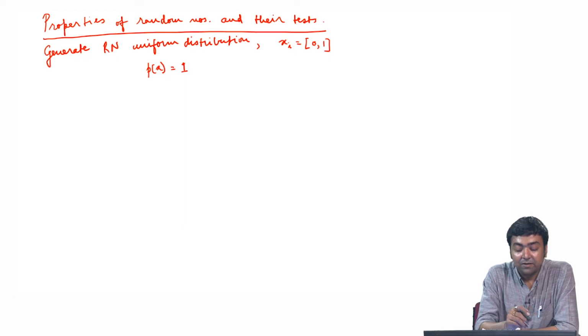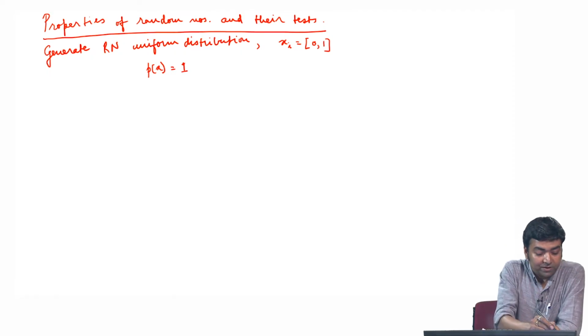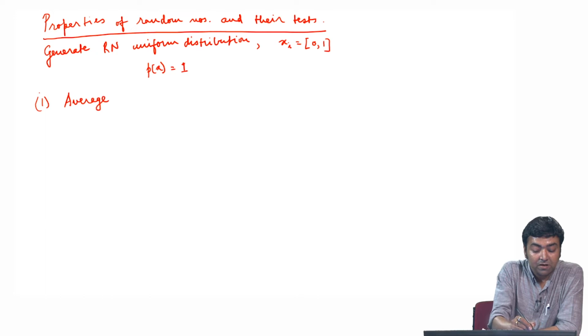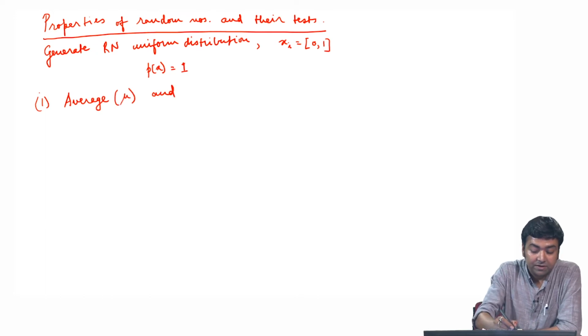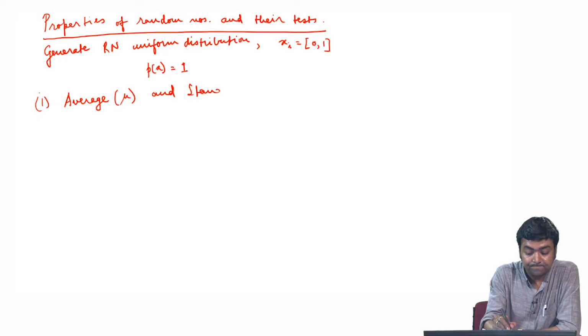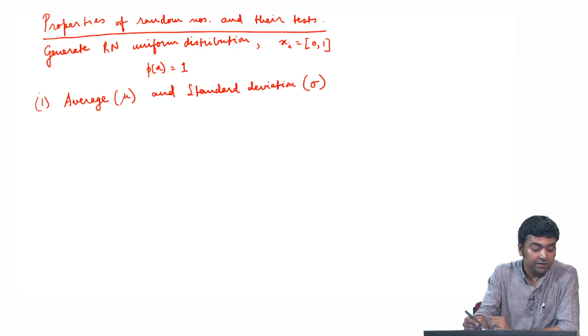To verify that, one needs to know the properties of the uniform distribution. By properties, I mean, first of all, one needs to know the average, which I am calling mu, and the standard deviation, which I am calling sigma.